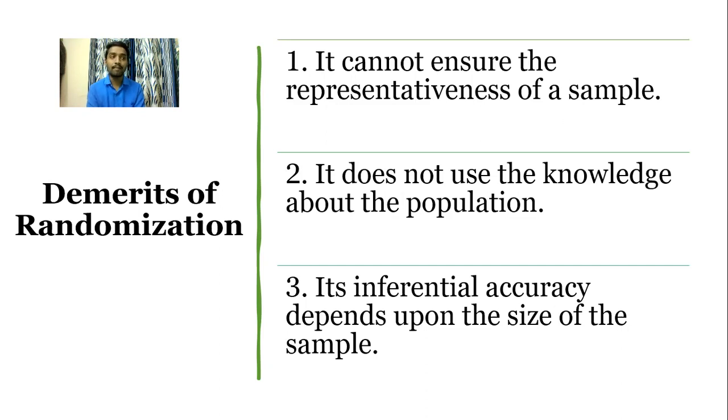You can't draw a conclusion out of 2 members or 3 members for an entire 500 people. You should have a sample size of at least 386 for 500 people, with a margin of error of 5% at a confidence level of 95%.